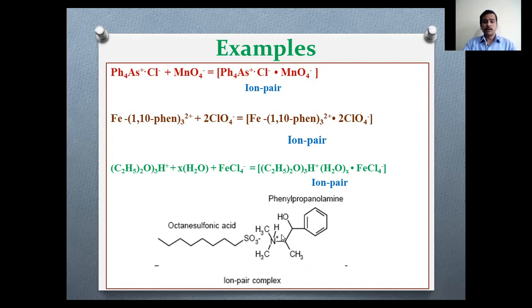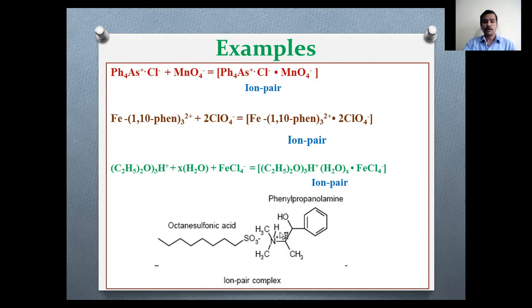This is another typical example which we can see more commonly in practical aspects. This is any organic compound having a primary, secondary or tertiary amine group. Phenylpropanolamine, for example, has an amine group. When you convert this into a protonated amine, simply by treating with any acid, the nitrogen will be protonated.